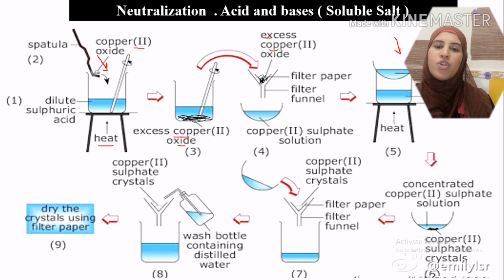Leave your solution to cool for enough time. After cooling, we will filter. After filtration, on the filter paper we will have blue crystals of copper sulfate, and down below we will have the excess solution.